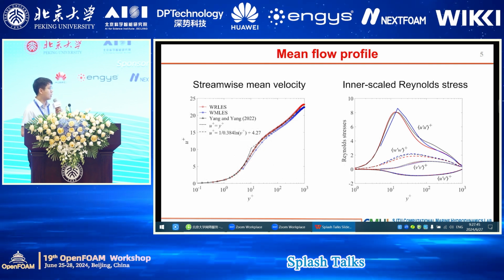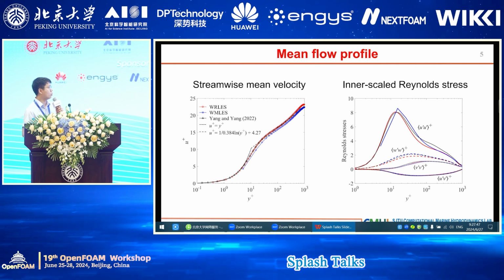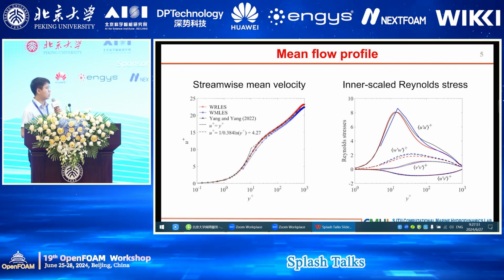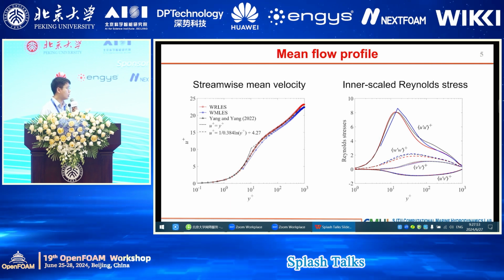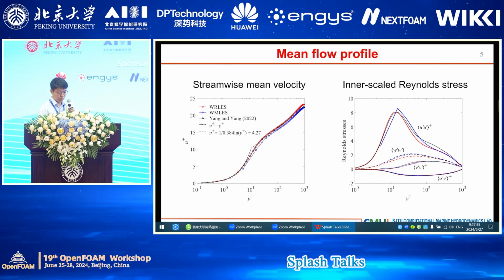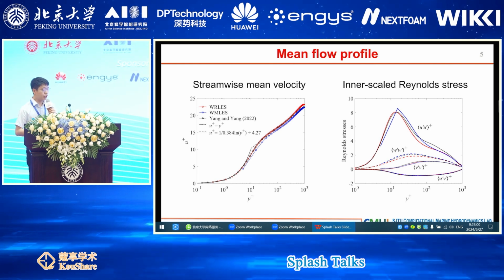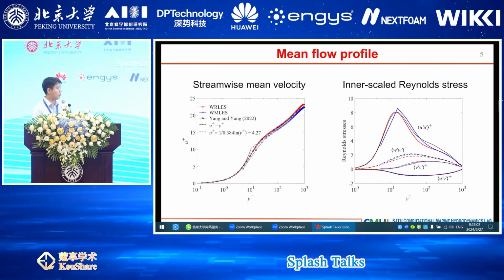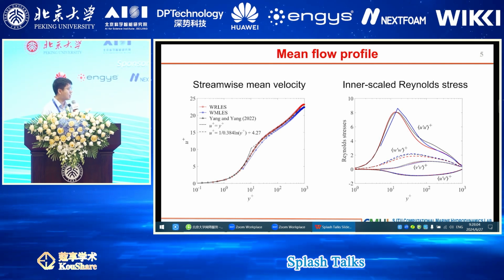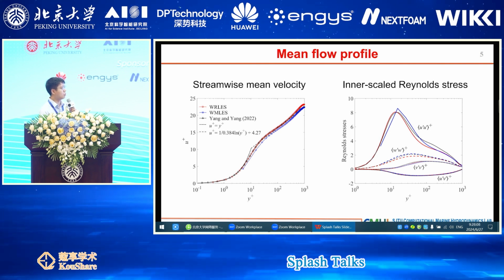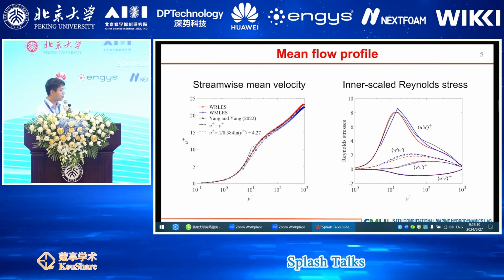We can see the wall-modeled LES somewhat underpredicts the mean profile. This is because the friction velocity is underpredicted by wall-modeled LES. But that's not too bad, and the Reynolds stress is also not very bad.